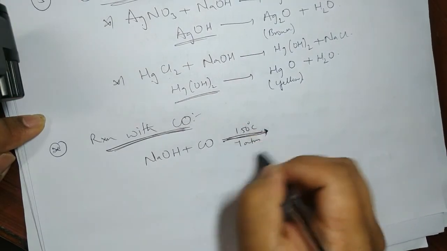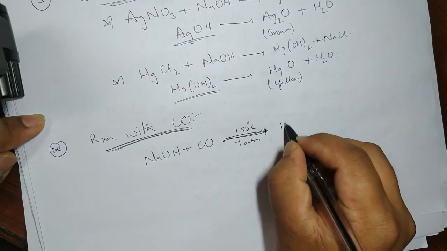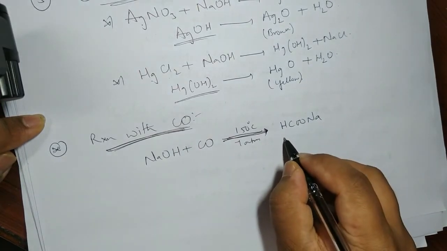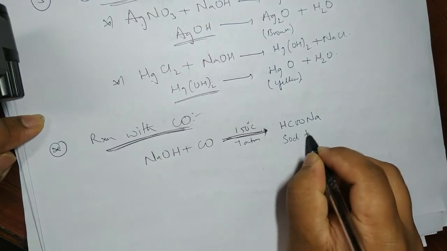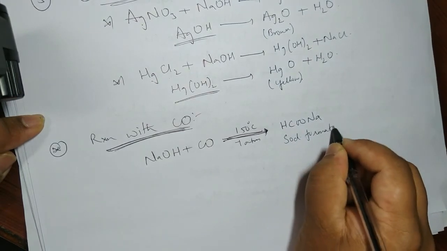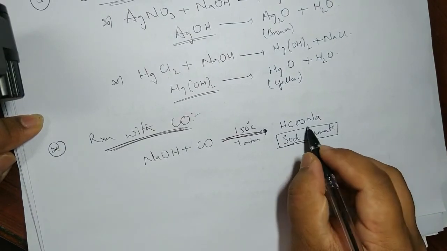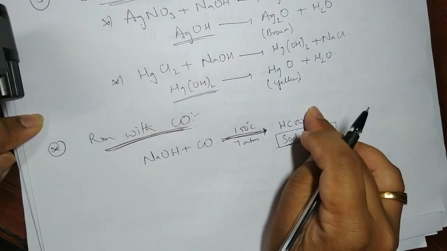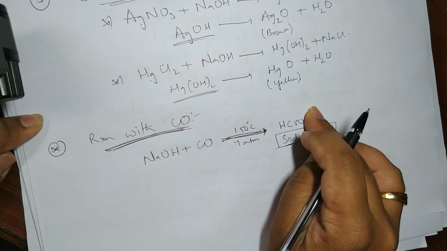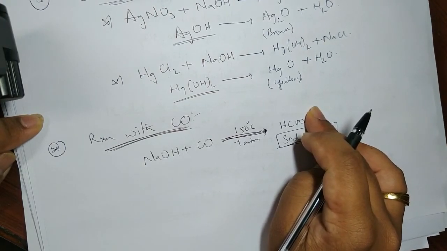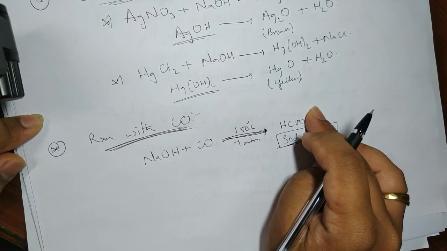So under these conditions we get HCOONa, and what is the name of this? Sodium formate. If I don't have sodium, it is formic acid, also called methanoic acid, common name formic acid.